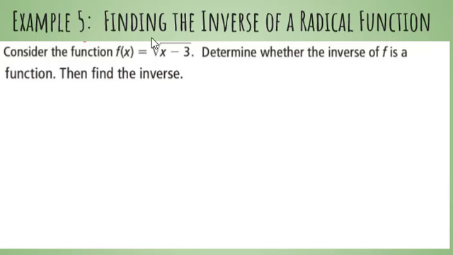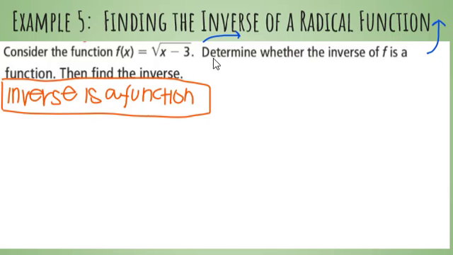Your square root graph is kind of like half of a sideways parabola. And so the inverse is going to be like half of a regular parabola. Okay, so your square root graph kind of looks like this. And so the inverse of that is going to be something that kind of looks like this. And so the inverse is a function.